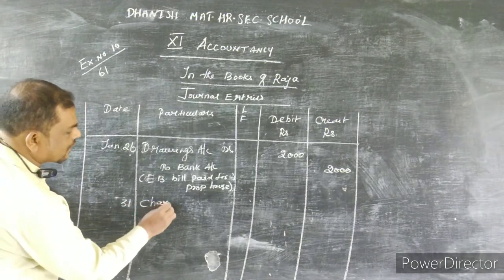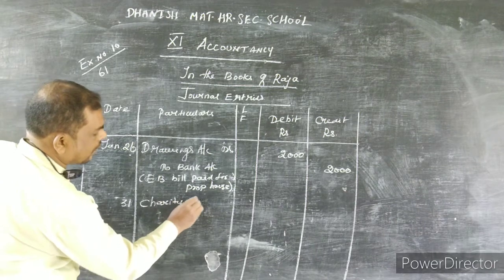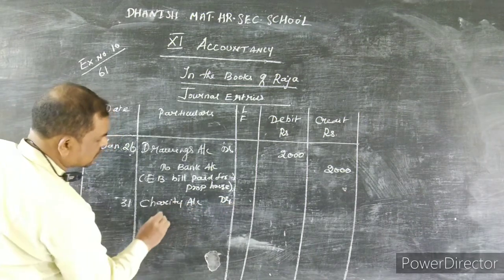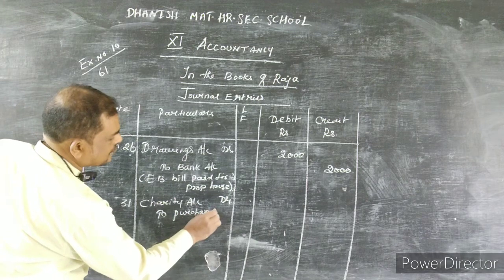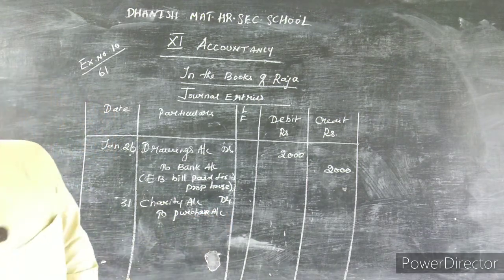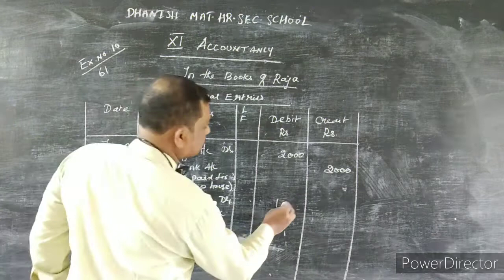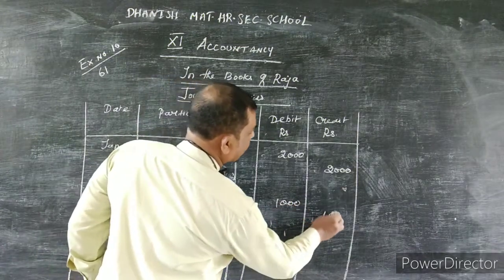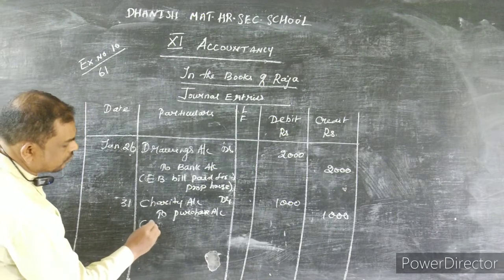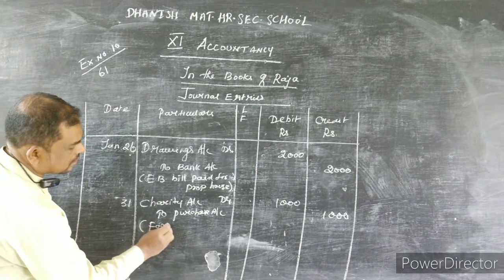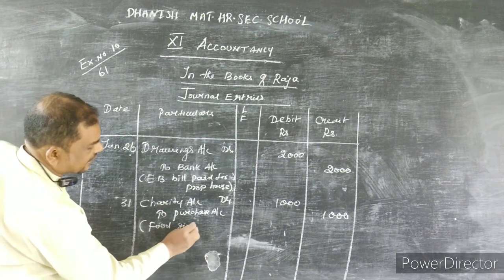Charity account debit to purchase, because your purchase is reduced. What is the value? Rupees 1000. Narration is what? Food given as charity.